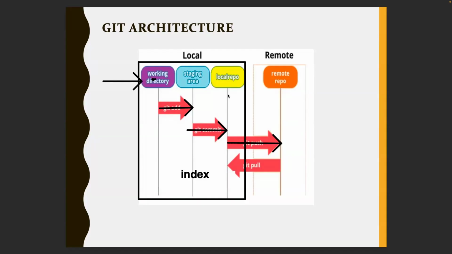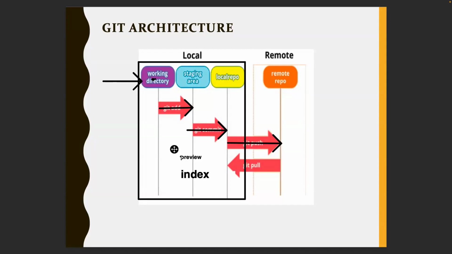You might have a question: what is the importance of the index area or staging area? Does the virtual layer have any importance? Of course, yes. The virtual layer is like a preview or a pre-check before your changes go to remote.